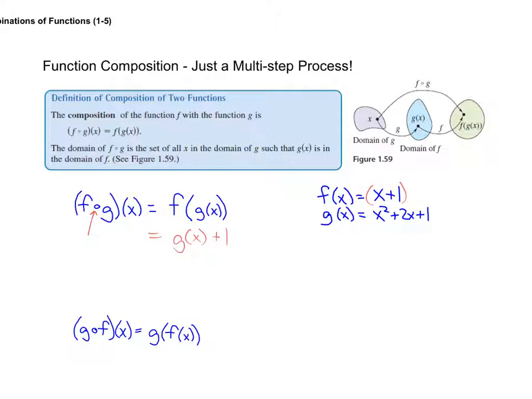Now what's g of x? It's x squared plus 2x plus 1, plus 1. So it is now x squared plus 2x plus 2. The g of x takes the place of the x in f.